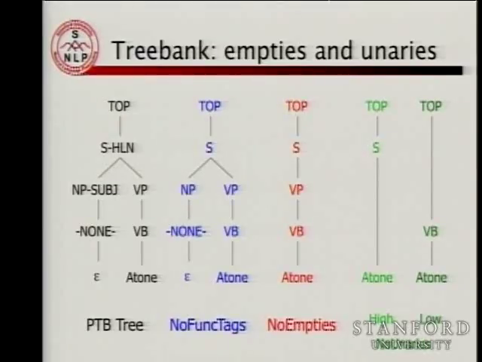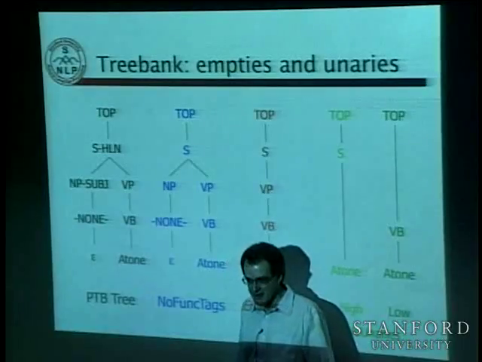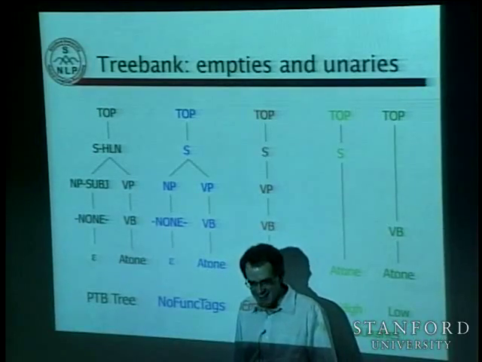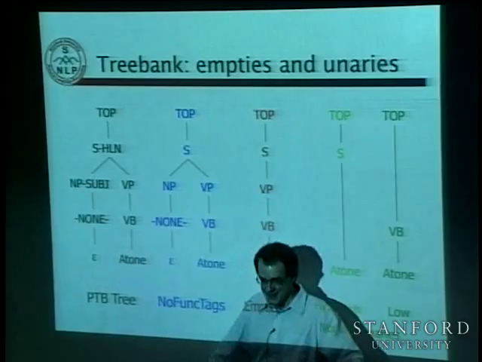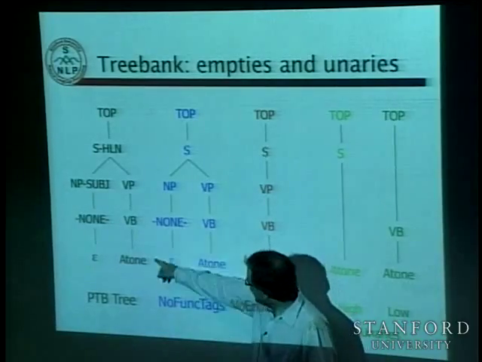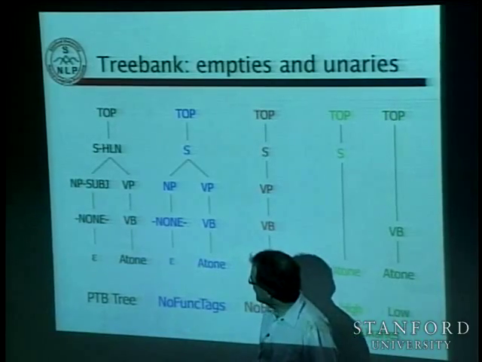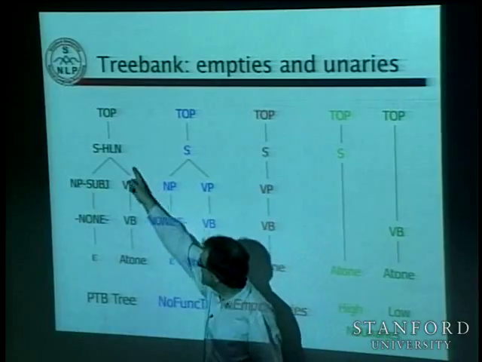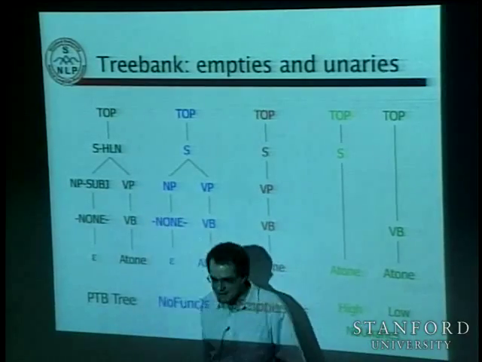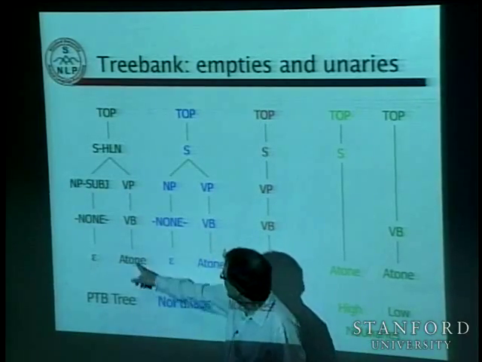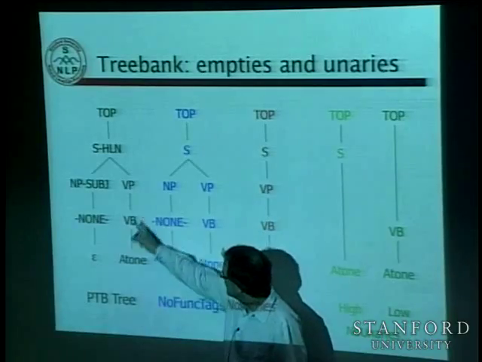So remember the two phenomena we have. This is a real Penn Treebank tree. This is the headline of an article, and the headline is just a tone. That was parsed by the Penn people by saying, okay, this is a headline sentence which has an empty subject, it's an imperative, and here's the verb in a verb phrase of a tone.